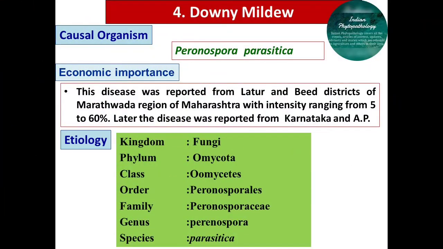Now another most important disease is downy mildew, and its causal organism is Peronospora parasitica. Symptoms of this downy mildew are the same as the symptoms we studied earlier in the earlier crop, that is sunflower. That means sunflower downy mildew and this mustard downy mildew are the same in symptoms, only the pathogen is different.